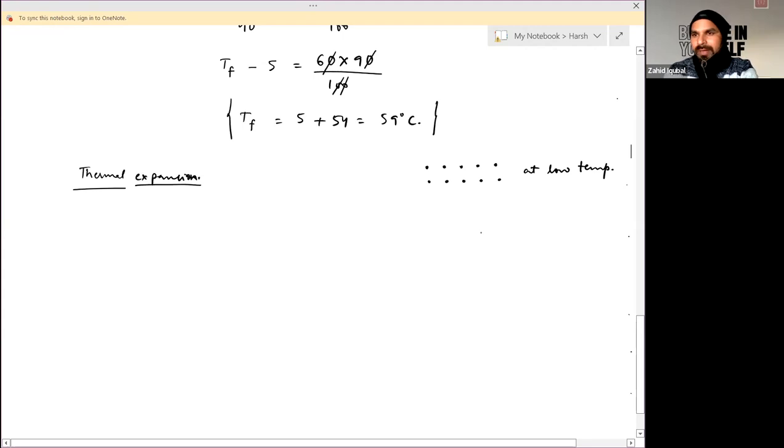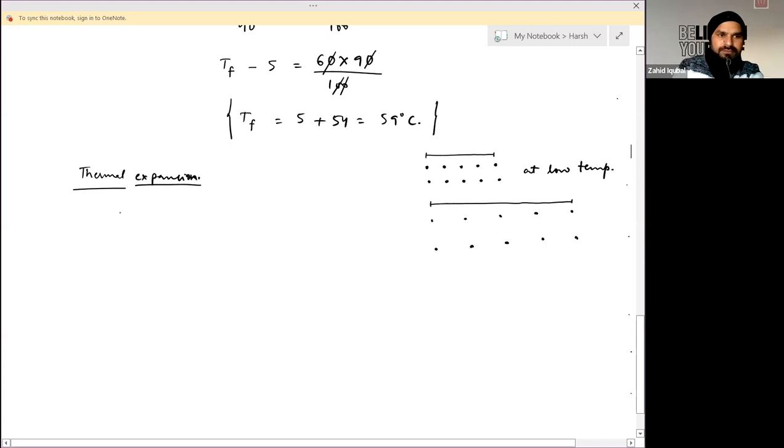So separation between particles increases. Due to this, there will be a large gap between particles like this, and similarly along this way also. Hence, initially it was up to this dimension at low temperature. Now on increasing temperature, it may increase to this part.